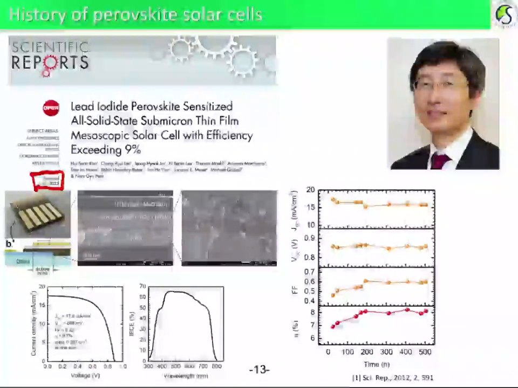The device is completely degraded within a few minutes, so it is very difficult to further study perovskite solar cells. And in 2012, Professor Namgyu Park finally replaced the solution electrolyte with a solid-state hole transporting material.